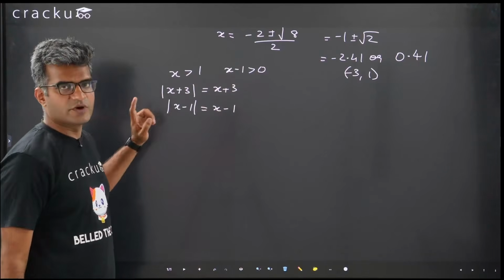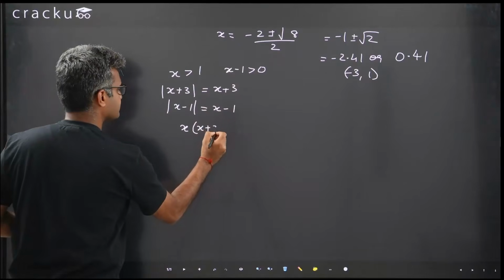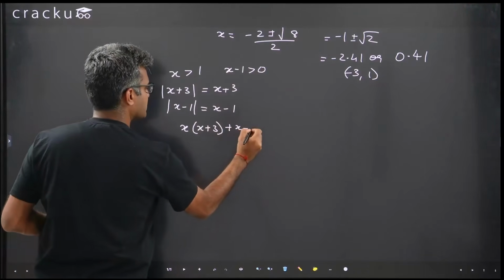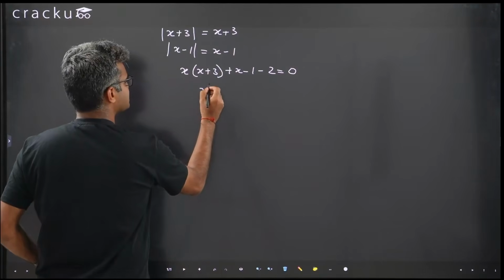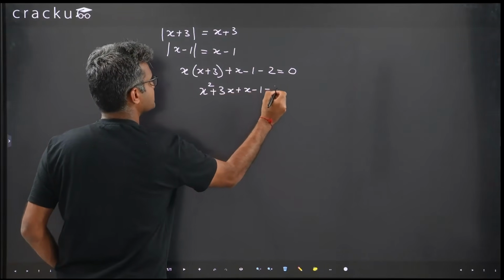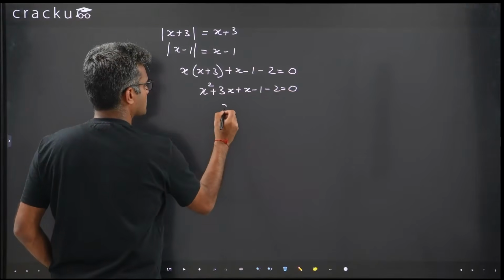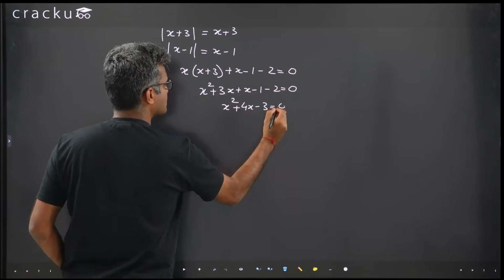So now the given quadratic equation becomes x into x plus 3 plus x minus 1 minus 2 is equal to 0. This is x square plus 3x plus x minus 1 minus 2 is equal to 0, which is x square plus 4x minus 3 is equal to 0.